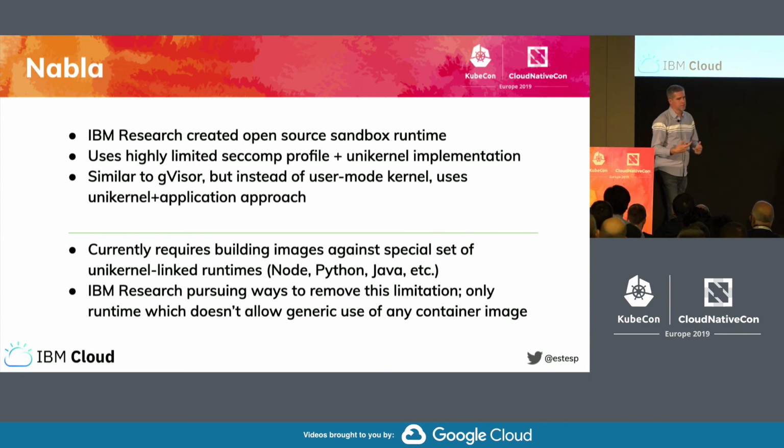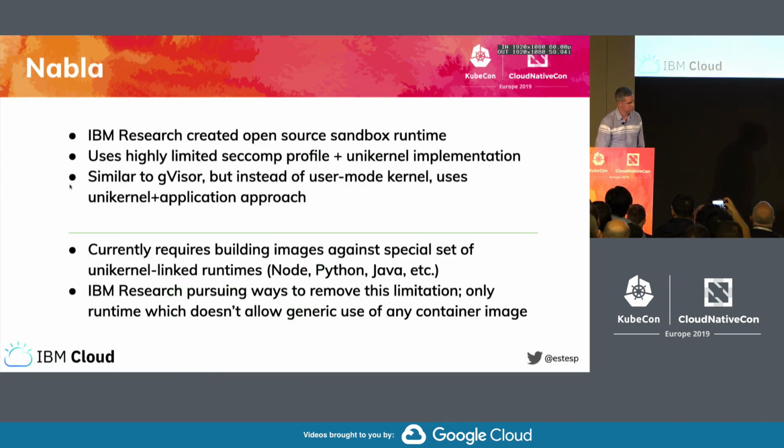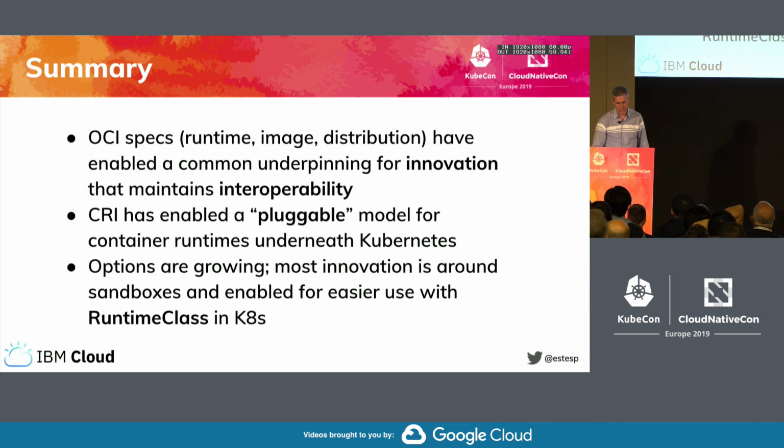One of the drawbacks is that you have to use their Docker Hub-based base images because they're already linked to the unikernel libraries. IBM Research is trying to remove that limitation as we speak, because obviously we couldn't use the same Nginx image we've used in all these other demos.